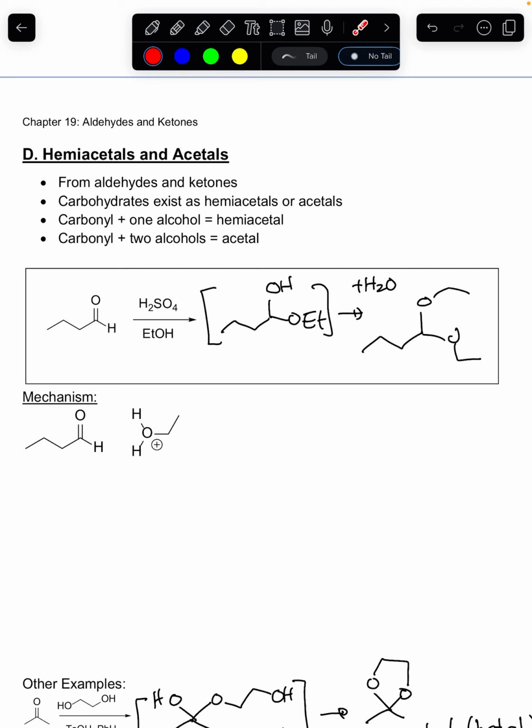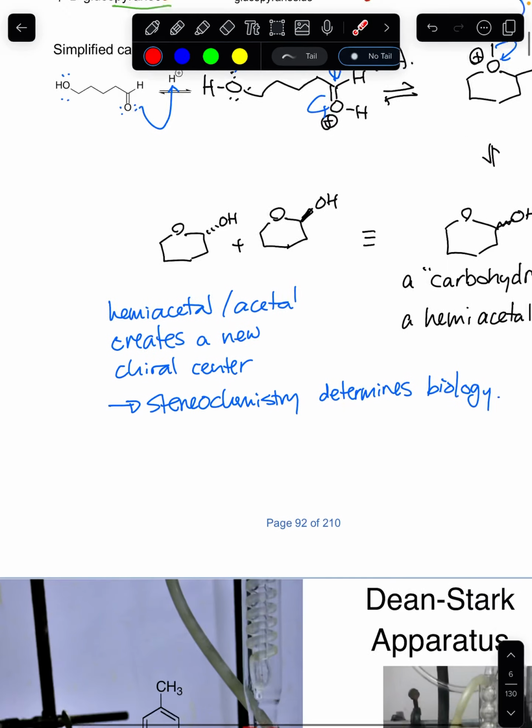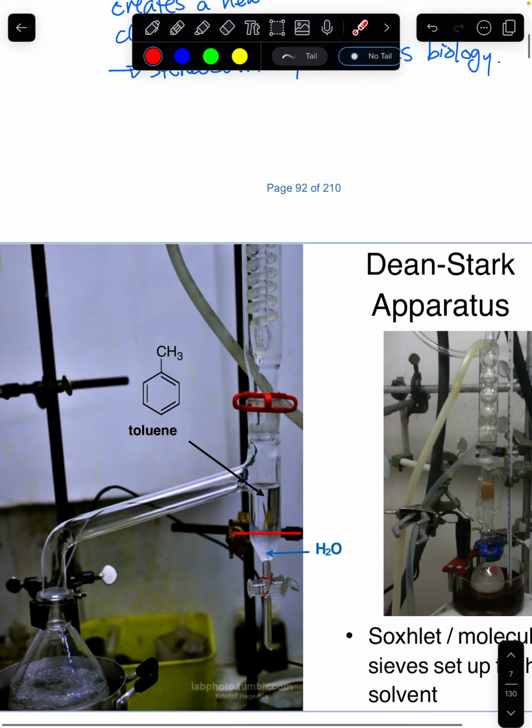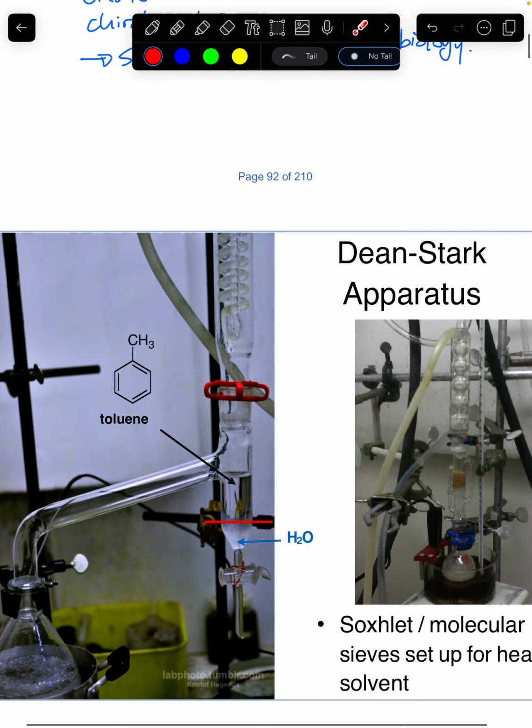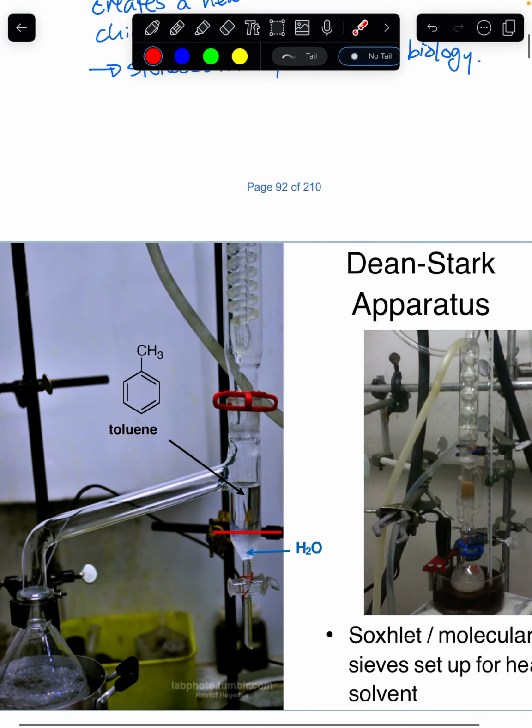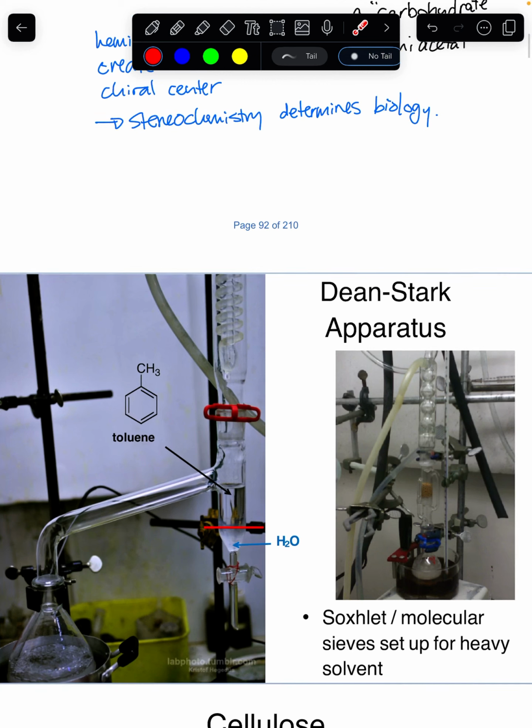And according to Le Chatelier's principle, if you're removing one of the products, the reaction would shift more towards the product side. And so when you are making acetals and stuff like that, where you need to manipulate the equilibrium like that and remove water from the equilibrium, it's a good idea to have a setup called Dean-Stark apparatus.